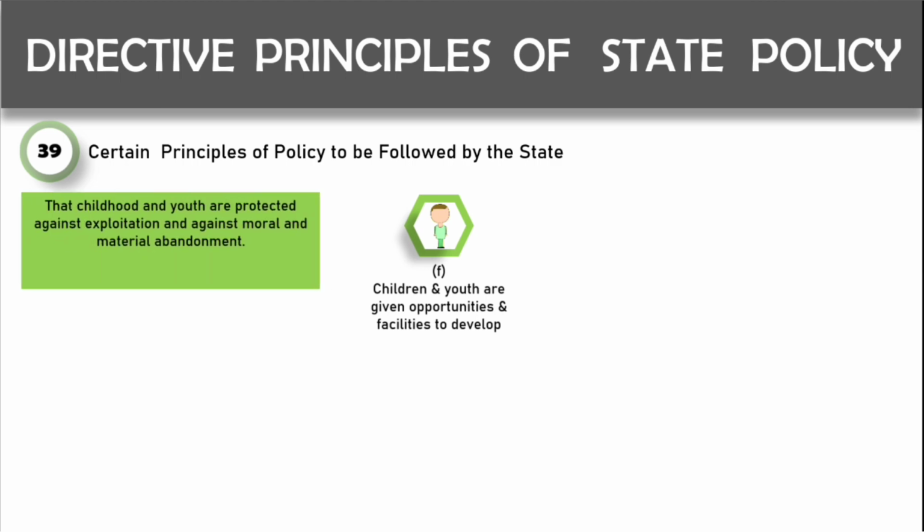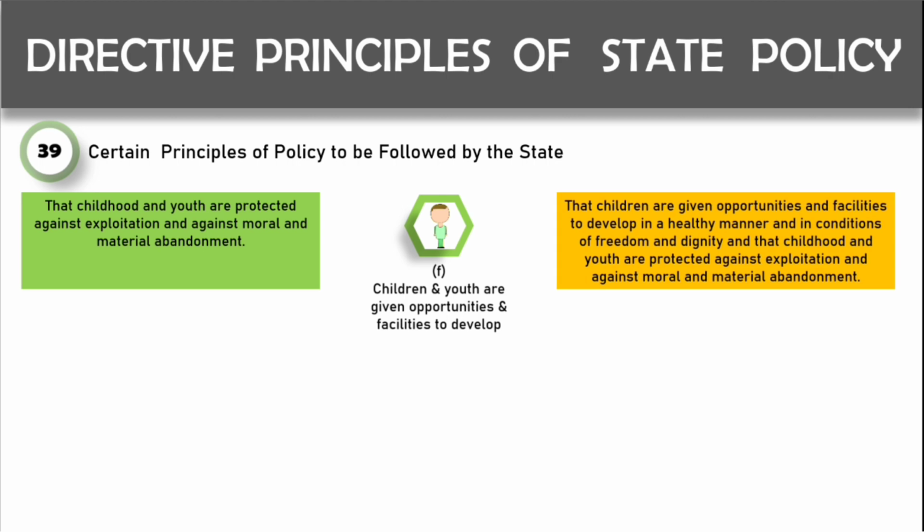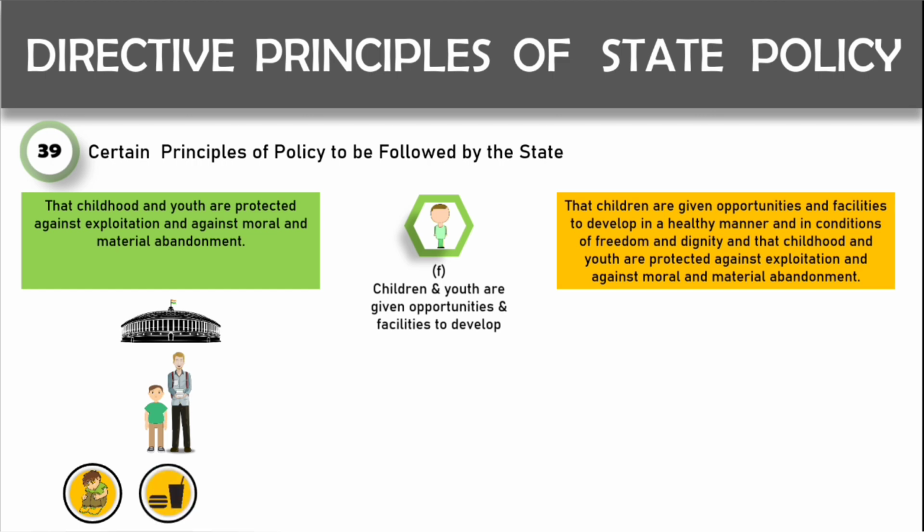Earlier, this clause used to say this. But after the 42nd Amendment Act of 1976, the scope of Article 39 was expanded. And now this article says this. Now what is this clause all about? See, earlier the state was only responsible for keeping children and youth protected against exploitation, for providing materialistic needs, and for providing full care to children who don't have parents or whose parents have abandoned them.